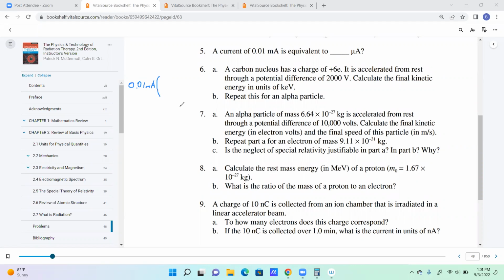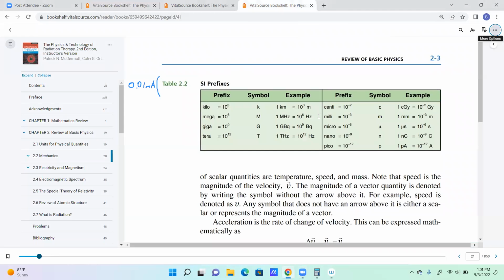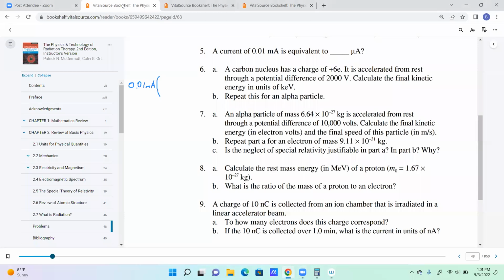Well, we know, and again, I'm going to kind of go back and forth here. How many milliamps do we have here in a microamp? How do we convert between the two? Well, we know that when it comes to the microamps, that's what we want.